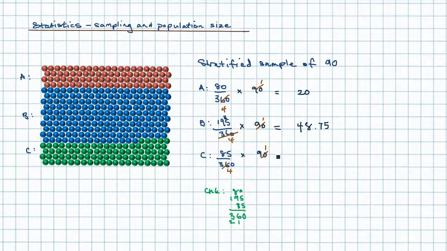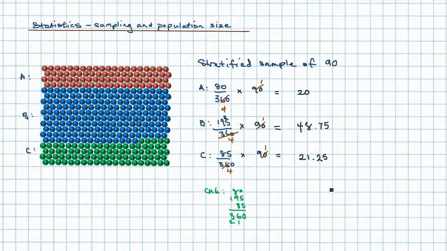Okay, what about this sample? Well, my fraction here, 85 divided by 4, 4's into 80 we know is 20, and 4's into 5 is 1.25, so 21.25.